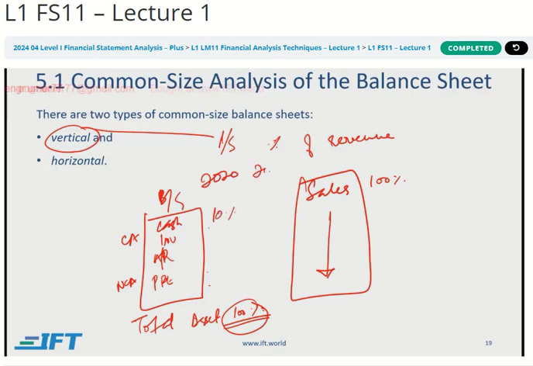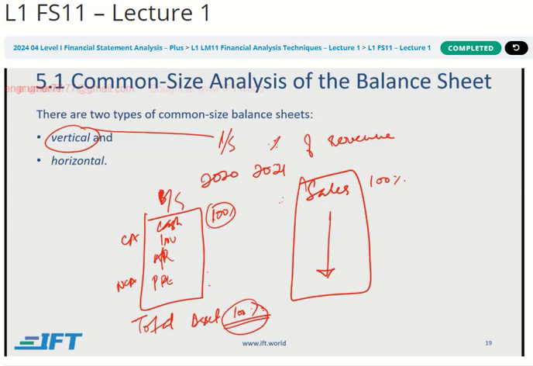So now in 2021, what we will say is that if cash has gone up, with respect to if we take the 2020 cash as 100%, has it gone up by 10% plus or 10% minus, right? So if it has gone 10% plus, we will show it as 110%.